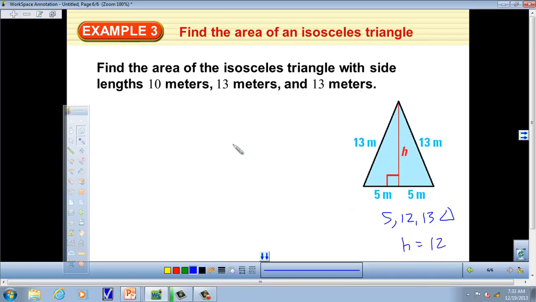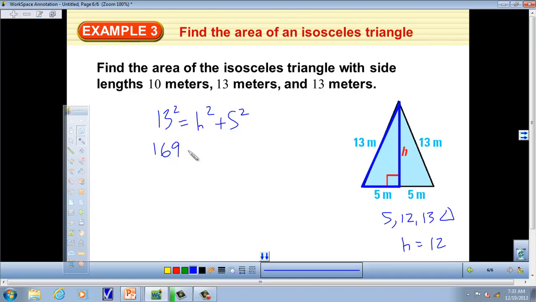If you don't recognize that, you would have to say, looking at just this triangle right here, or the other one, it doesn't really matter which one. If you look at just that triangle right there, where we have h, 5, and 13, 13 is the hypotenuse, so we would say 13 squared is equal to h squared plus 5 squared.